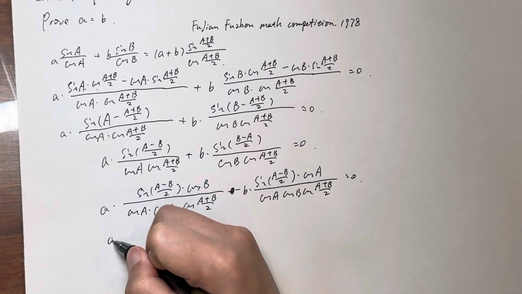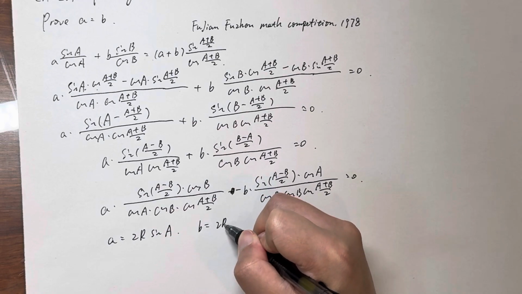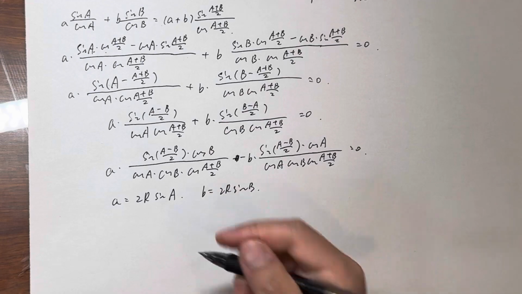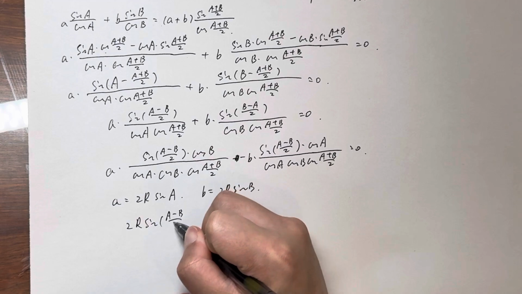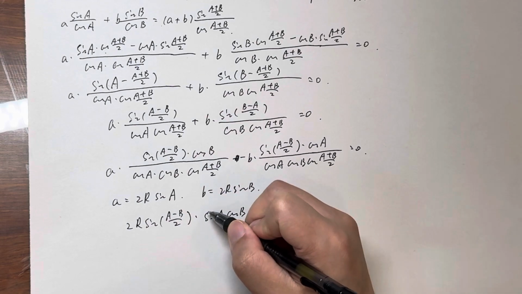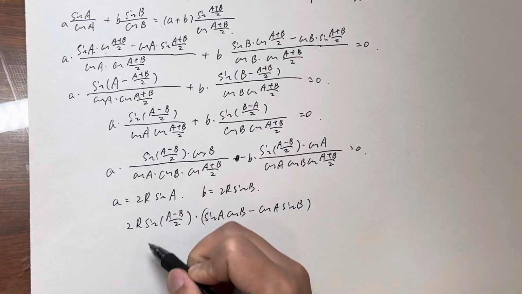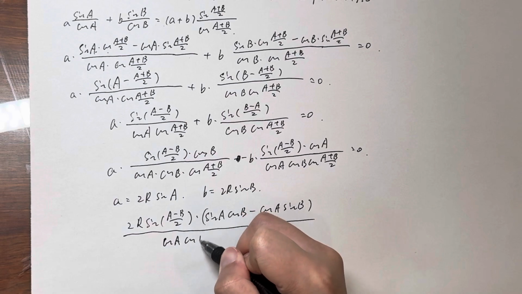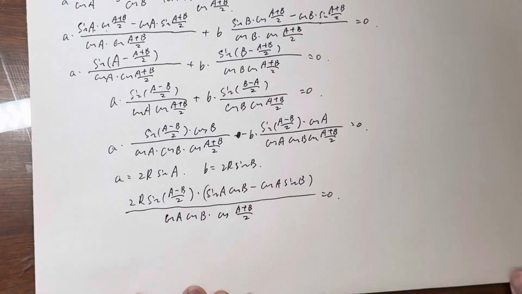And we already know that a equals 2R sin A and b equals 2R sin B. So we put these two into the equation, then we have 2R sin of (A minus B)/2 times (sin A cos B minus cos A sin B), over 2 cos A cos B cos of (A plus B)/2 equals 0.